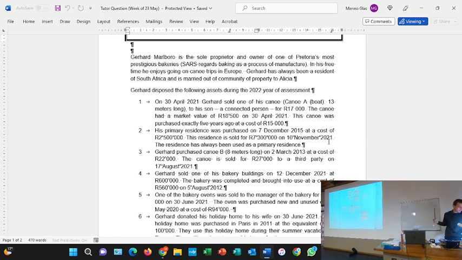After you calculate your aggregate capital gain for the year, then only can you utilize the capital loss you recognized in the prior year brought forward to the 2023 year of assessment. So that would be your 5,500 capital loss.